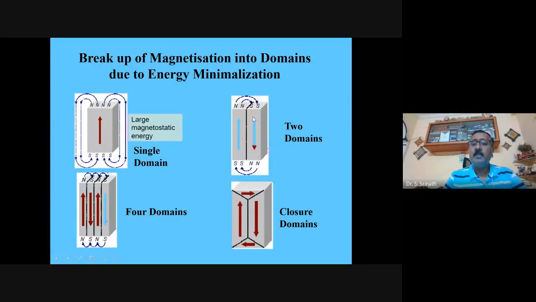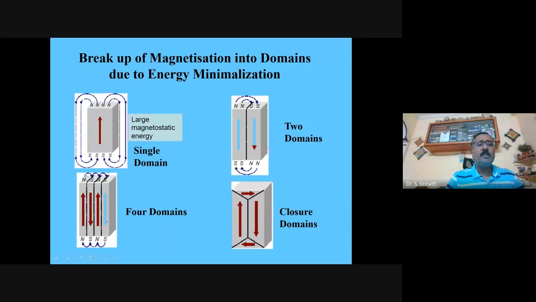And I am extending this argument to another point. Why should I stop with two domains? Why not break this fellow into four domains? So I break now into four domains: one domain in which the spins are pointing up, another domain spins pointing down, the third domain spins pointing up, and the fourth domain spins pointing down. Now I have these induced poles, north, south, and similarly here, south, north, north.